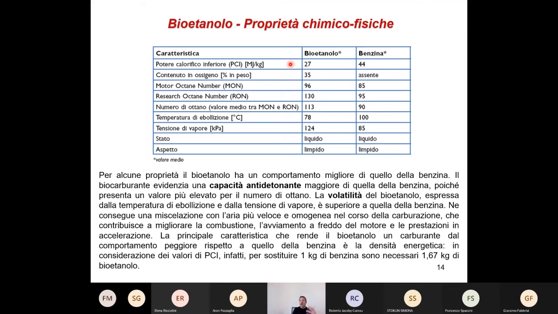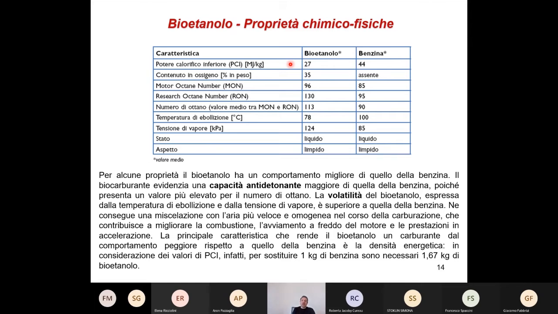Otherwise you should change your engines. For example, in Brazil, where there is a lot of production of bioethanol, they completely changed the engines to work with a lot of bioethanol.